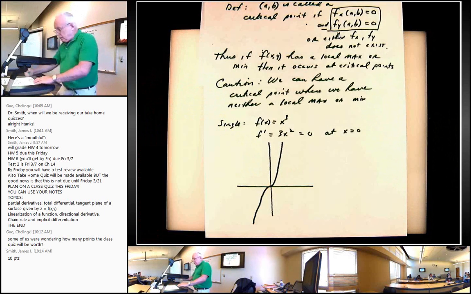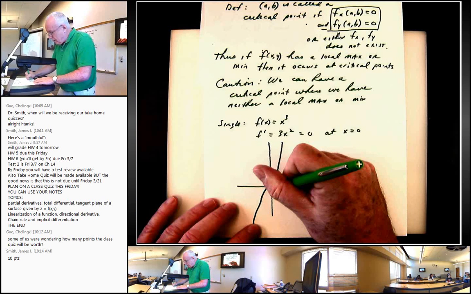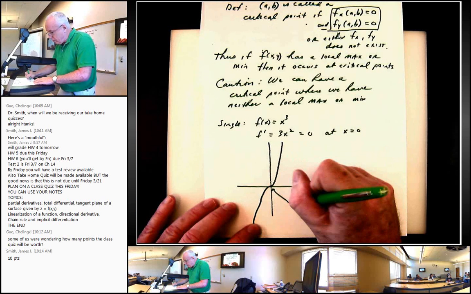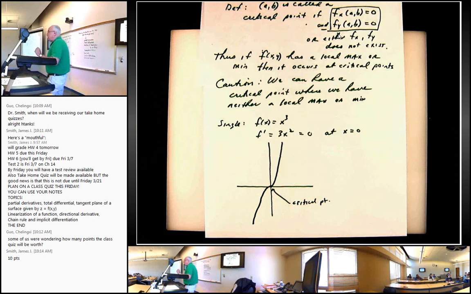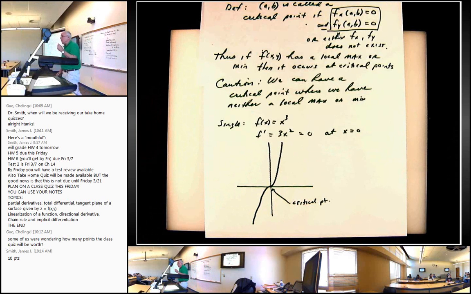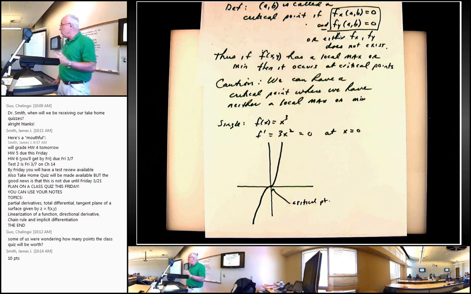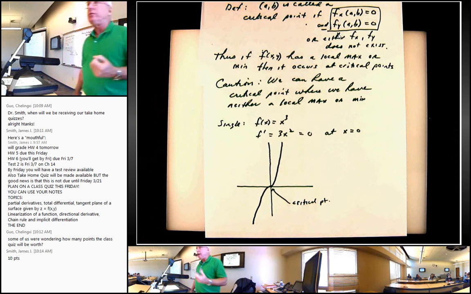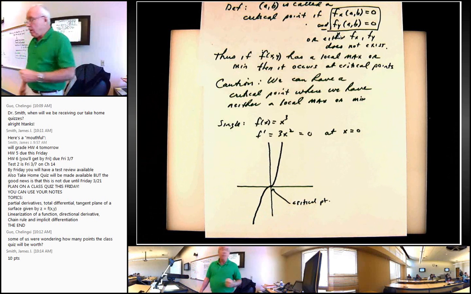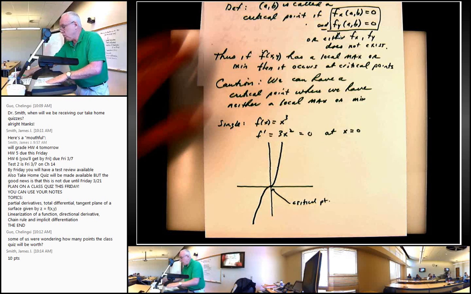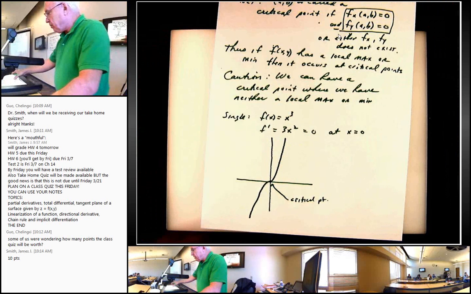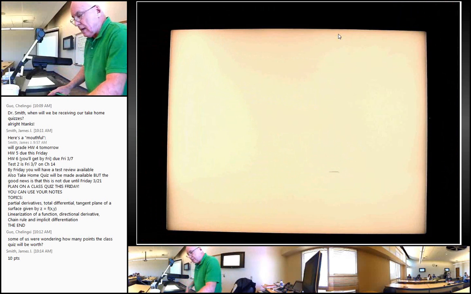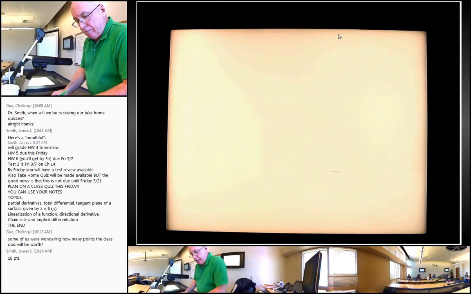So this right here is a critical point because the first derivative equals 0, but that's neither a local, I'm used to saying relative, that's neither a local maximum nor a local minimum. Okay, so we have these things with one variable functions. All right, let me give an example here then of this phenomenon, and I'll give a name for it.